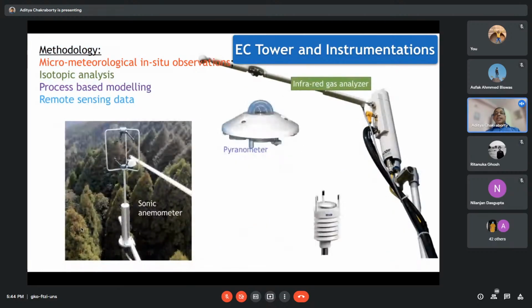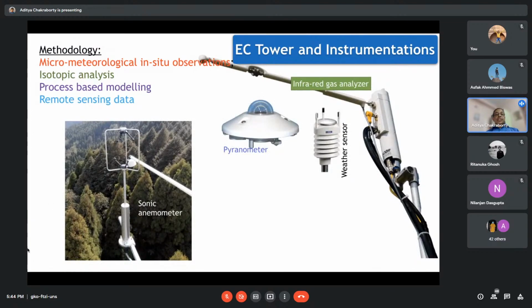Now, these are the instruments. For example, the left figure shows the sonic anemometer, taken from a tower in Darjeeling, which is currently not in use. And on the right side, we see the infrared gas analyzer.